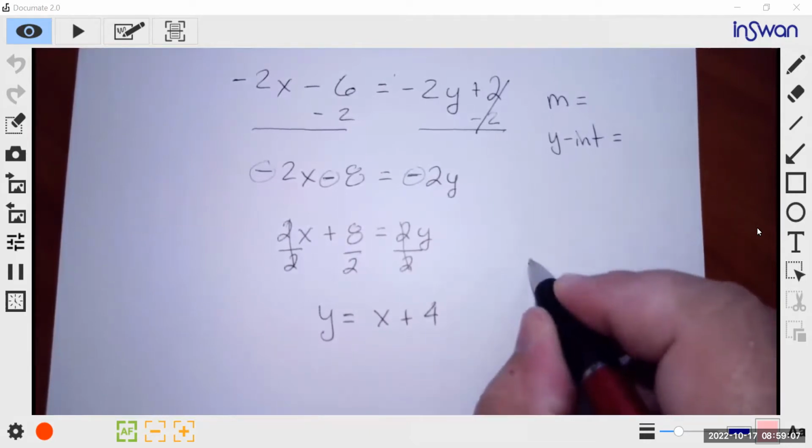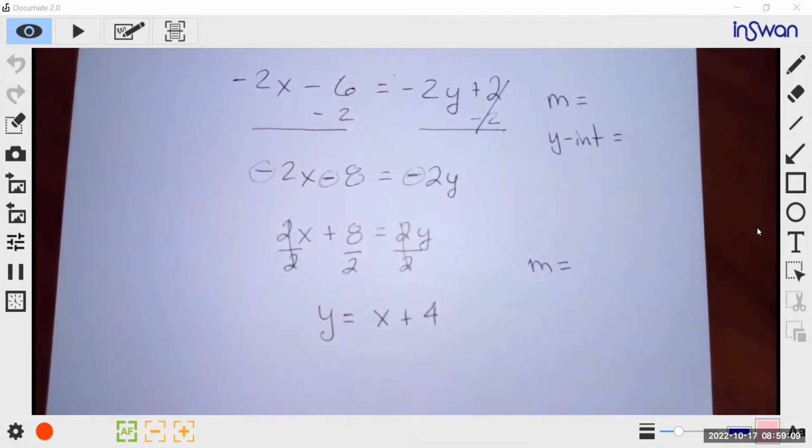So what's my slope? What number's in front of x? 1. Or you can say 1/1, up 1, over 1, but the slope is 1.